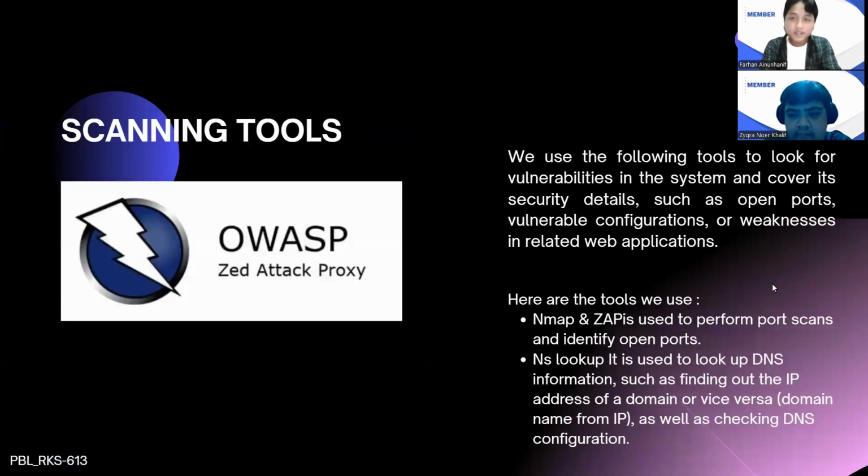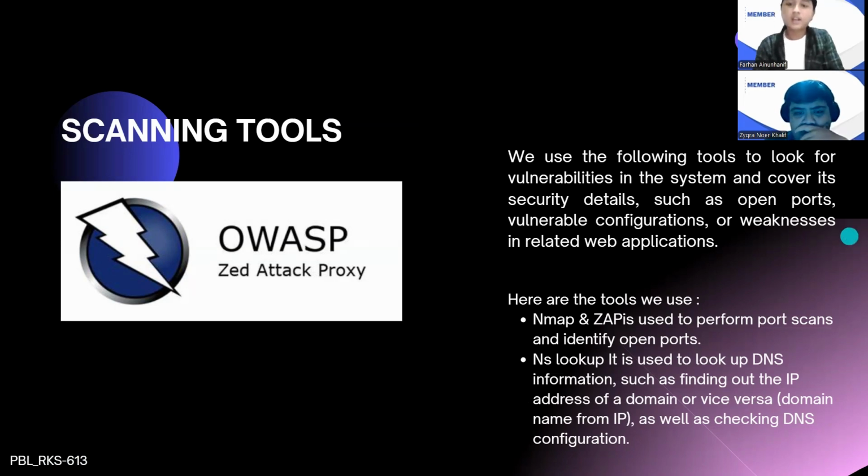Okay, thank you, Fabi. The next one is the scanning tools that we use. We use the following tools to look for vulnerabilities in the system and uncover its security details, such as open ports, vulnerable configurations, or weaknesses in the web application. Here are the tools we use.